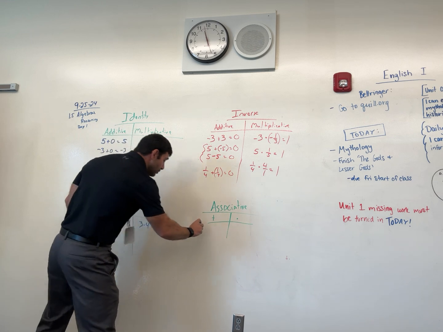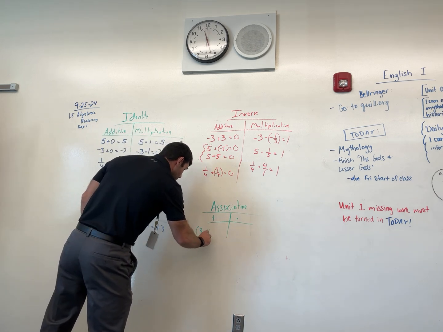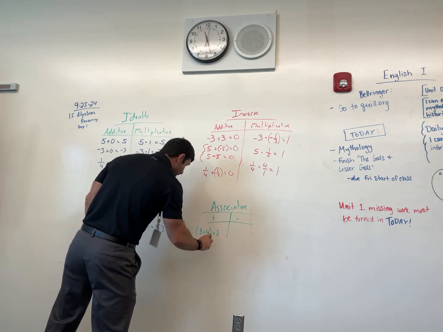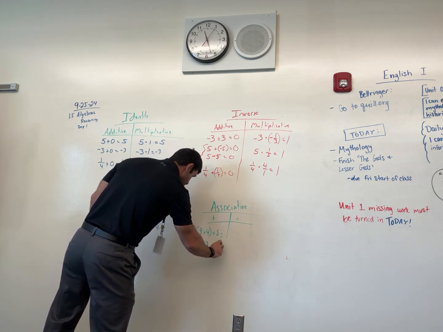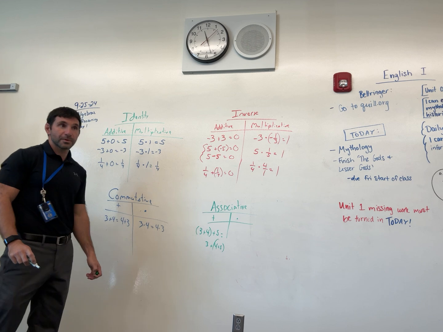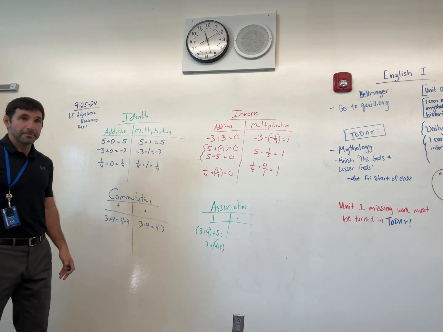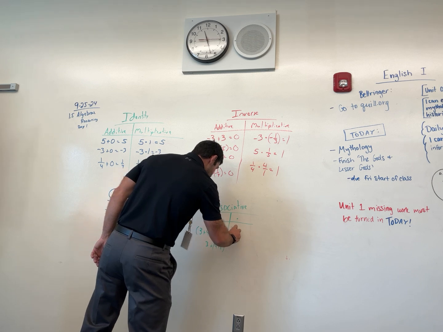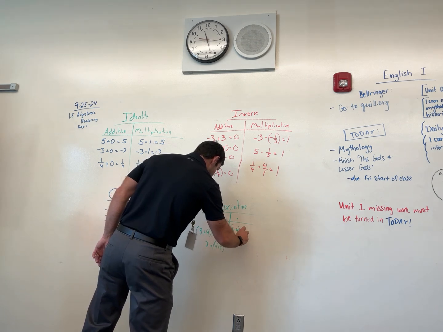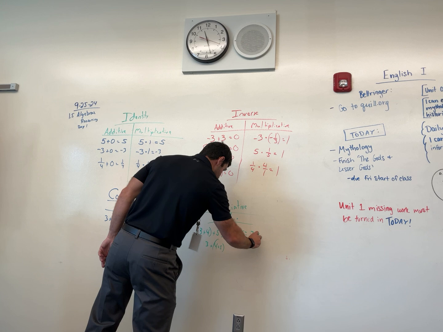This says if I group 3 plus 4 plus 5, that's the same as saying 3 plus the grouping of 4 plus 5. Those are the same. Or I can multiply 3 times 4 times 5, which is the same as saying 3 times the grouping of 4 times 5.